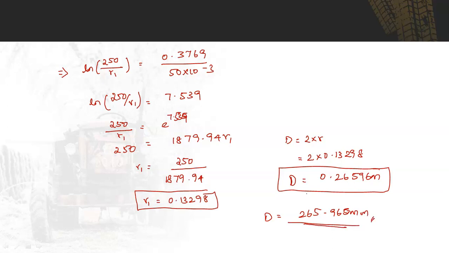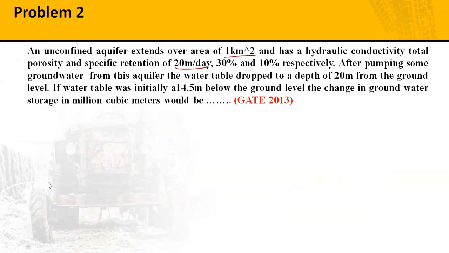So note it down. You want to write the given data correctly to get the correct answer, so that only you know how to proceed with the formula in the forthcoming questions. So next question: an unconfined aquifer extends over an area of 1 km square and has hydraulic conductivity, total porosity and specific retention of 20 meter per day, 30% and 10% respectively.